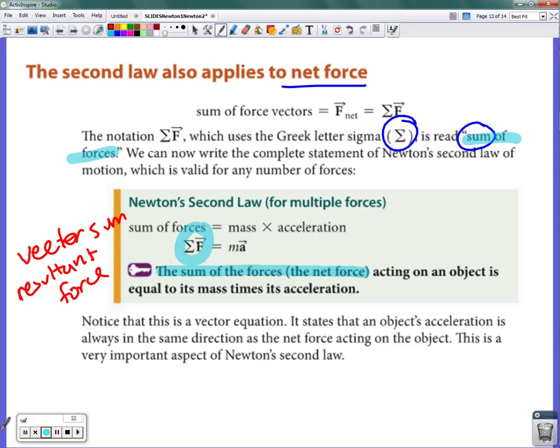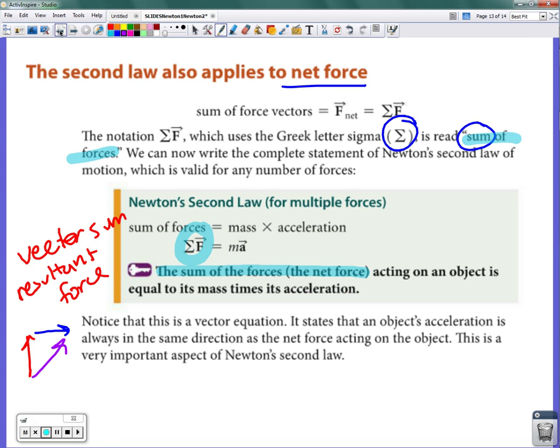In one dimension, that's not a problem. But in two dimensions, we're going to have to get into vector addition using the Pythagorean theorem. If there's a force this way and a force this way, the net force would be this. So keep that in mind. We'll talk about it more on Friday. But the ideas of Newton's second law, the relationships between acceleration, mass, and force, can be applied to more than one force, or the vector sum of the forces. We'll use that a little bit later on to analyze more complex situations.